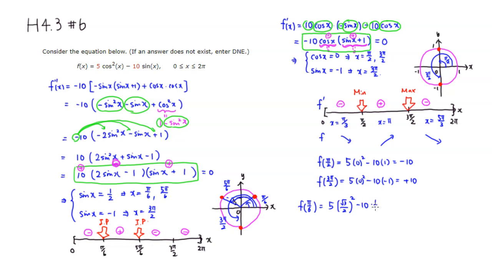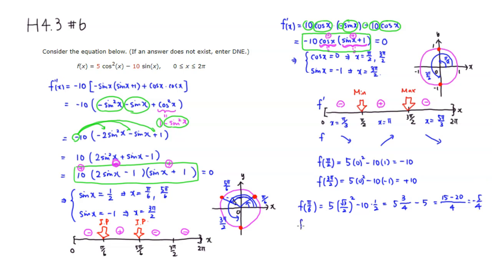So this is 5 times 3 over 4, minus 5. So it's 15 over 4 minus 5, which is the same thing as 20 over 4. So it's going to be negative 5 over 4.